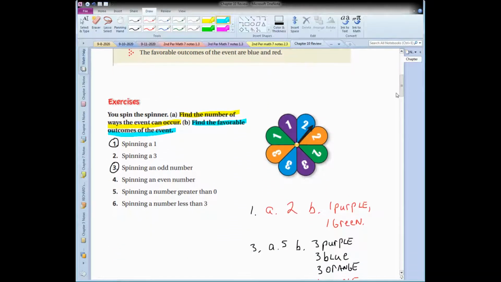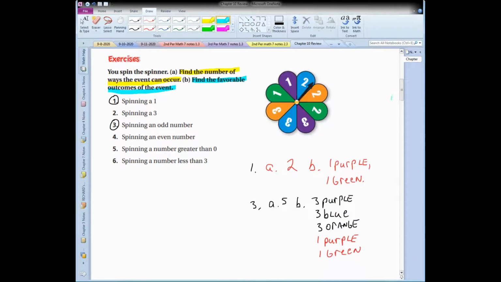There are examples here. You spin a spinner, find the number of ways the event can occur, and then find the favorable outcomes. I did problems 1 and 3. For spinning a 1, you can see there's a green 1 and a purple 1, so there are 2 different ways you can spin a 1. For number 3, spinning an odd number, we look at the odd numbers.